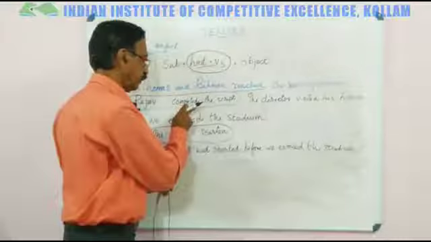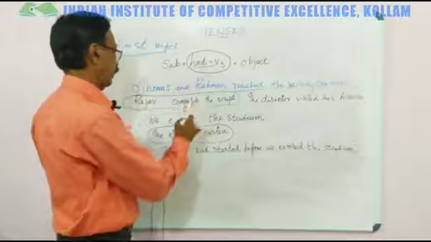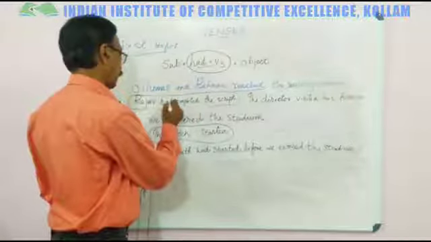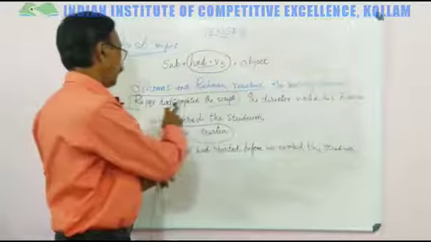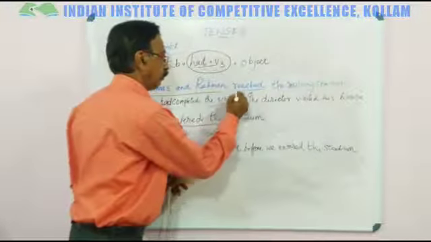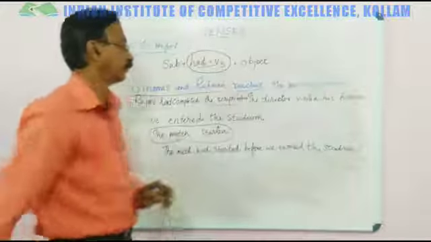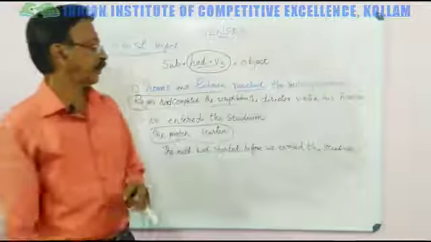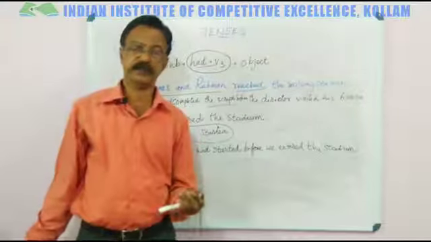Here the first action is Rajiv completed the script. So this action should be in had plus V3. Complete, completed, completed. So add had as this is the first action. Rajiv had completed the script before or when the director visited his house or his office.